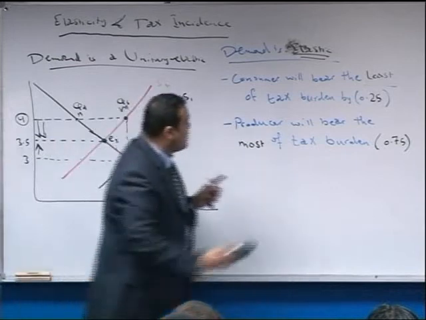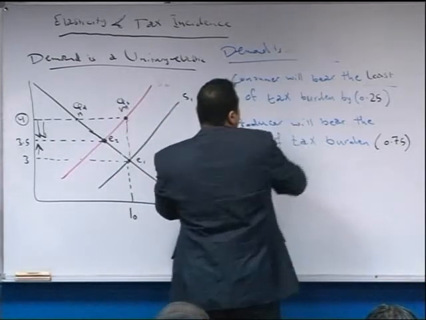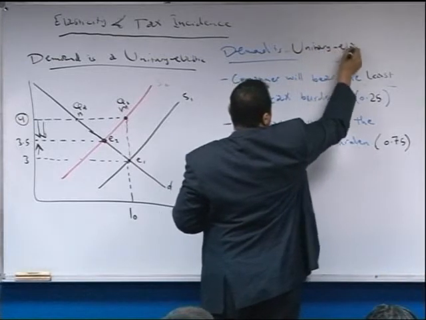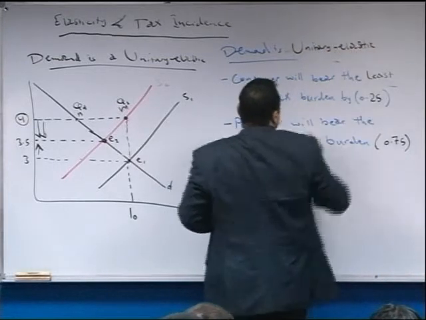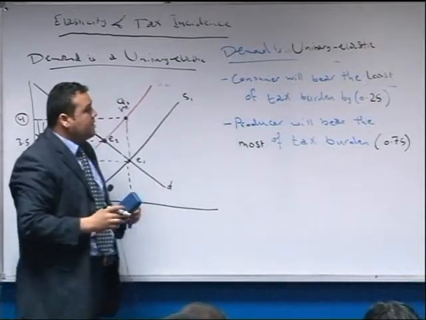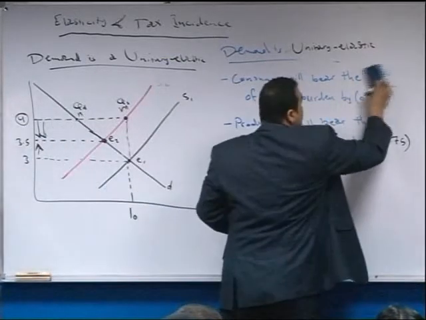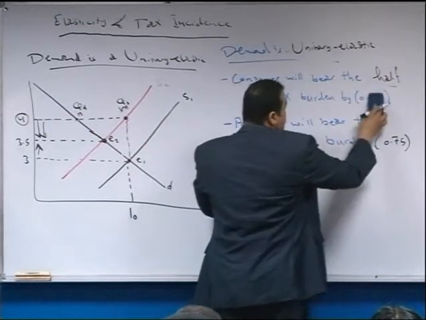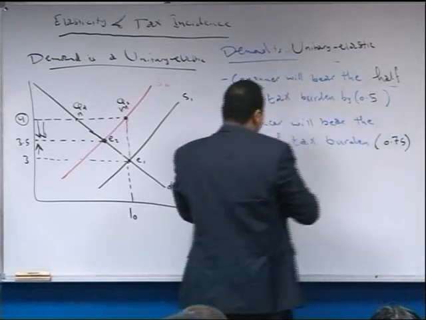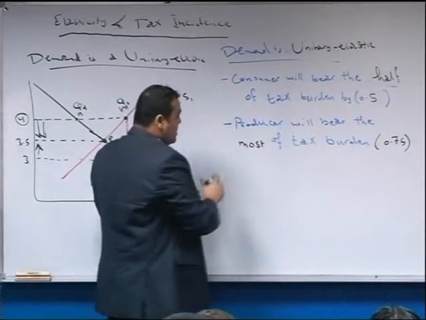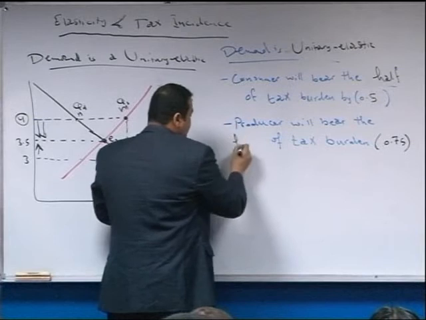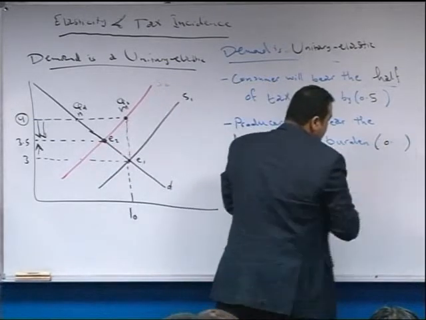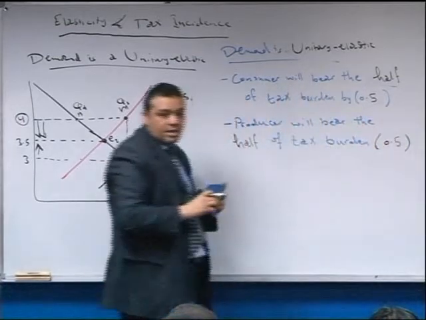In this case, if the demand is unitary elastic, the consumer will bear half of the tax burden by 0.5, yes, and the producer will bear half of the tax burden, yes, 50 percent also, right?